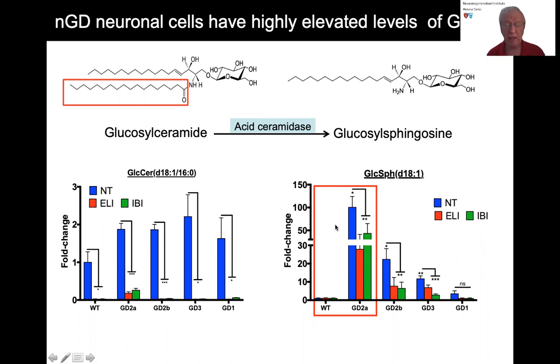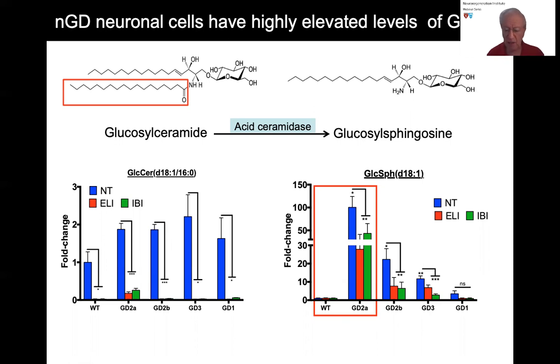If we look at the right, there is an increase also in glucosylsphingosine, but the difference is that while the glucosylceramide accumulation in the neuronal progenitors that we assay by mass spectrometry is an increase of maybe 2 or 3-fold, here we have an increase of 100-fold in glucosylsphingosine. And this recapitulates what is seen in the brains of GD2 patients. These brains have up to 1,000-fold accumulation of glucosylsphingosine.